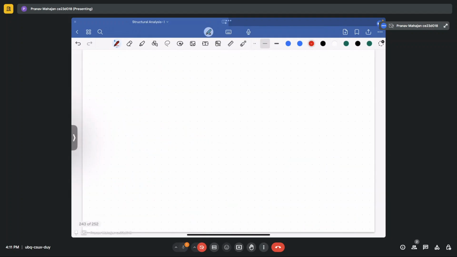Similarly, if you are about to determine these moments in case of a hinged beam, how will you define that? In case of a hinged beam, suppose MAB is the applied moment.